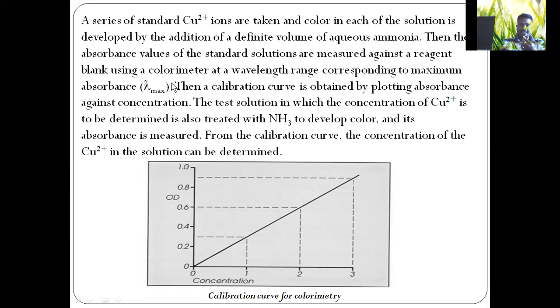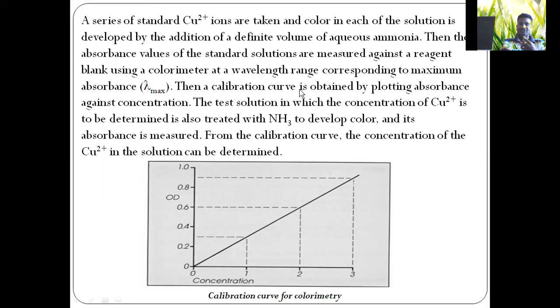In this experiment, we select the 620 nanometer filter, because at 620 nanometer our complex solution absorbs maximum radiation. That is why we choose the 620 nanometer filter.